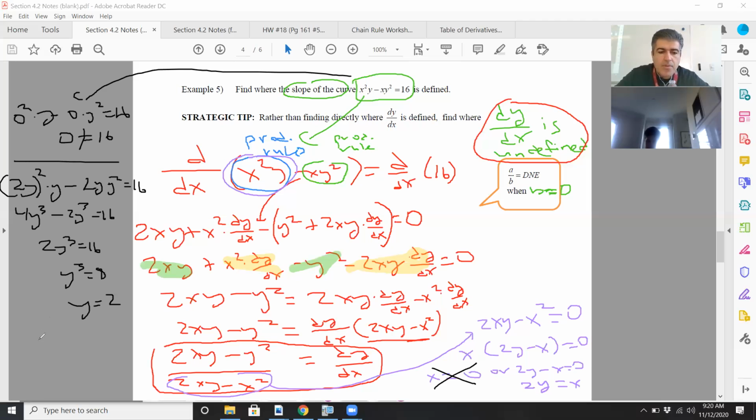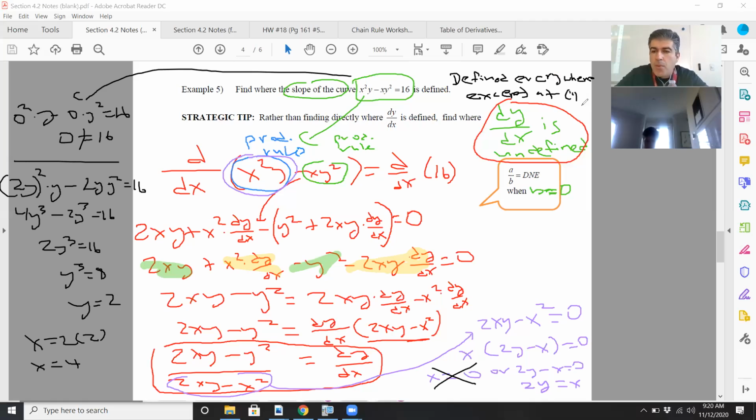And if y is 2, then x is going to be 4. So what this tells me is that the slope is defined everywhere except at (4, 2).